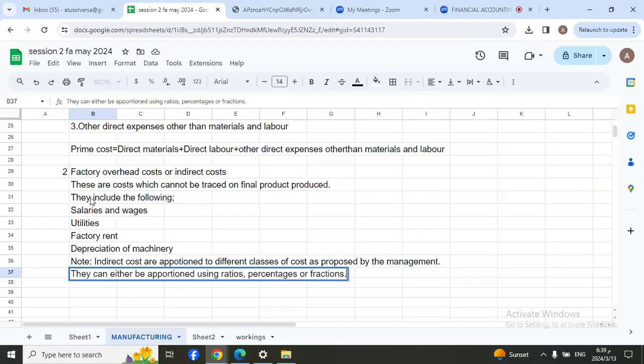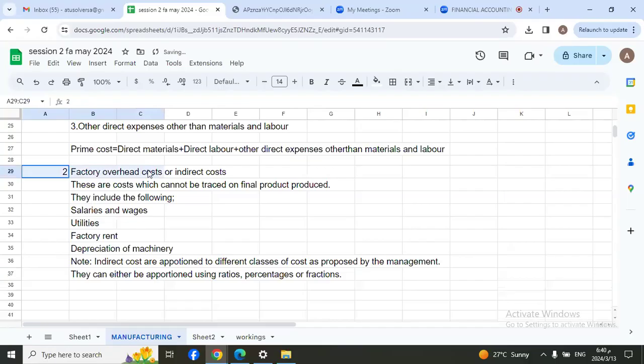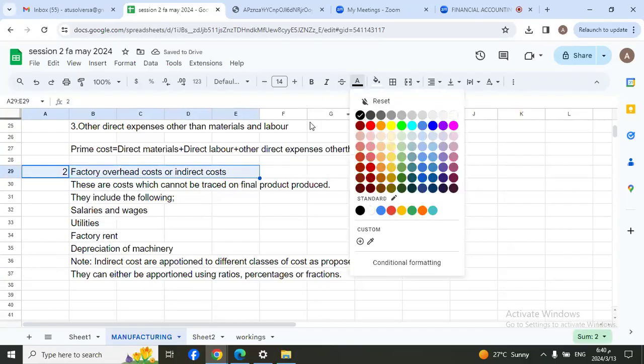So you will find some question telling you that salaries, the whole of it, do not go to factory wages, but rather some of it goes to admin, another part goes to selling and distribution. So this was the second element of the manufacturing account.